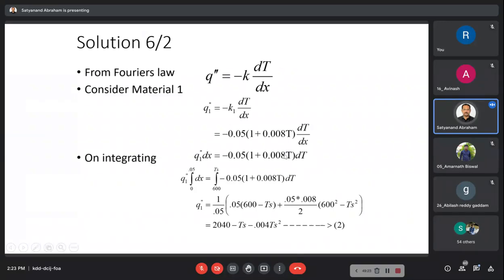Here we have no other option but to integrate it. There is no particular meaning for that, but since T is going to be there, in order to tackle this differential and the temperature term over here, we are going to integrate it.